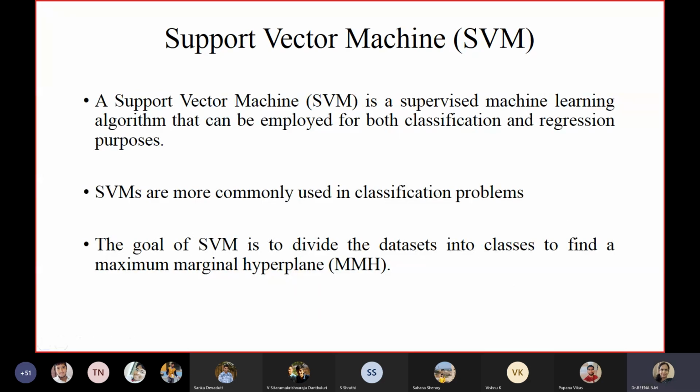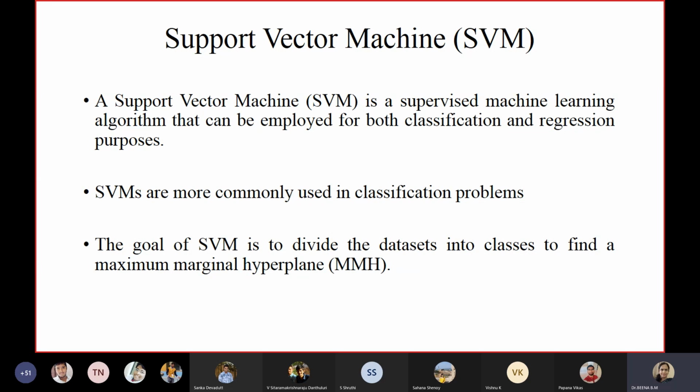It is a supervised machine learning technique used for both classification and regression, but it is most commonly used for classification problems. The ultimate goal of SVM is to divide data sets into classes. It is used to segregate mixed data into classes to find a maximum marginal hyperplane.